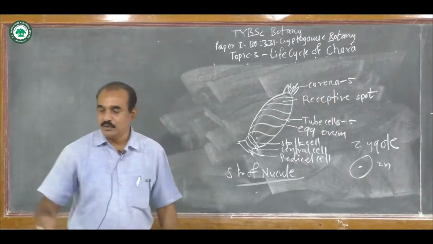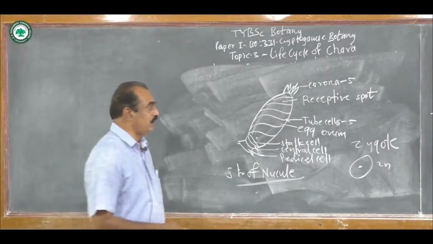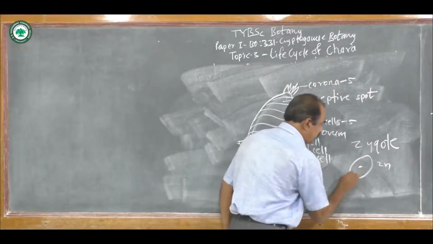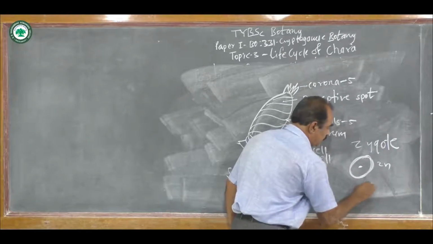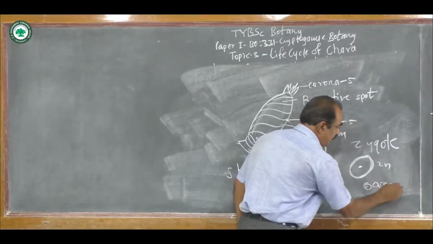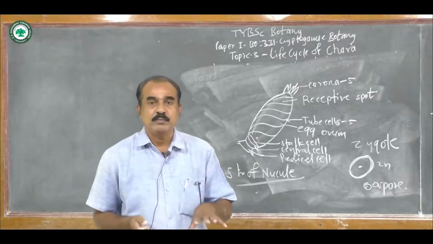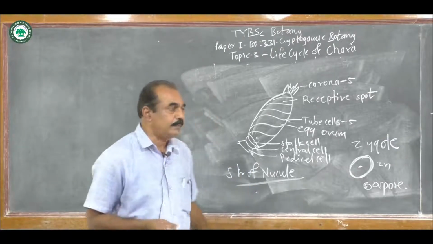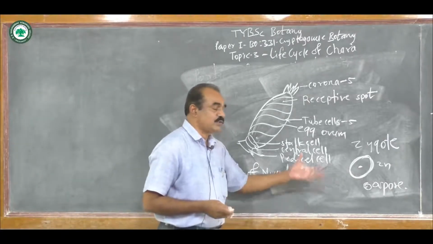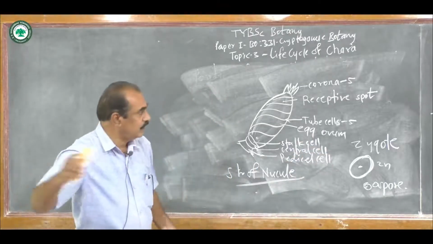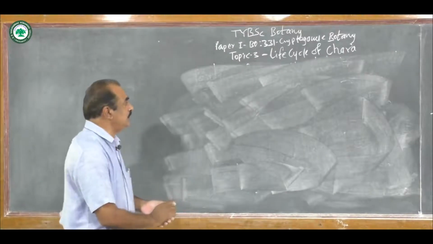Now when this zygote forms a thick wall around itself, it is called the oospore. Now when the oospore is formed, it settles at the bottom of the water reservoir, and after taking rest, it starts to germinate. Now the germination of the oospore. The oospore is black or brown in color.